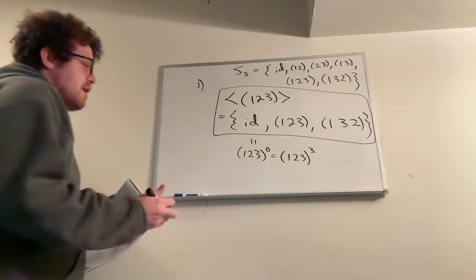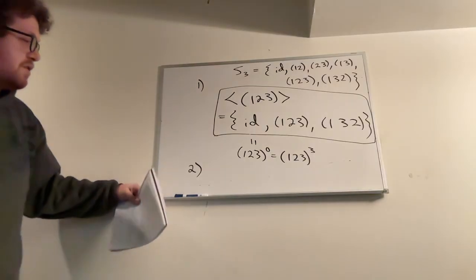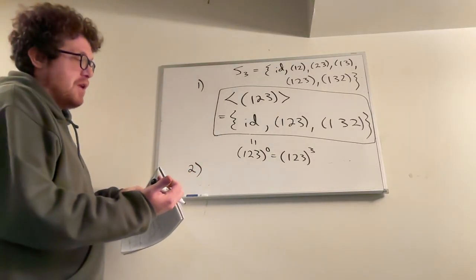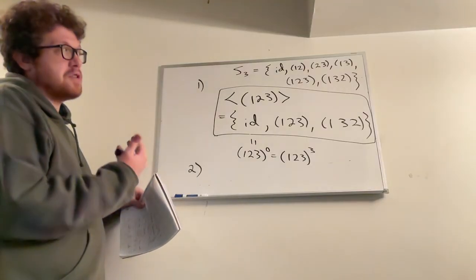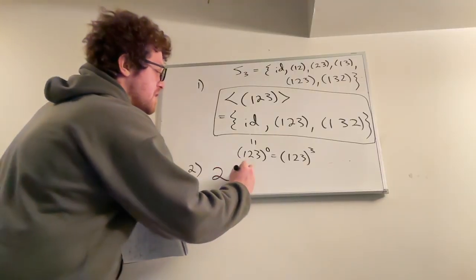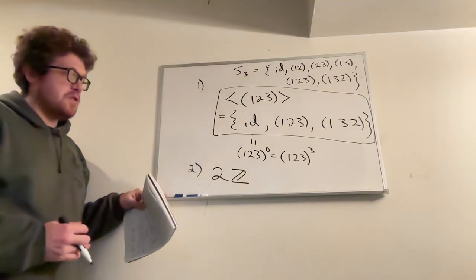All right, and another quick example, number 2, before I erase this. If we look at the group of integers under addition, and then we look at the even numbers under addition, then those also form a subgroup. So we'll usually write that as 2Z, like 2 times every number, all the even numbers, is a subgroup.